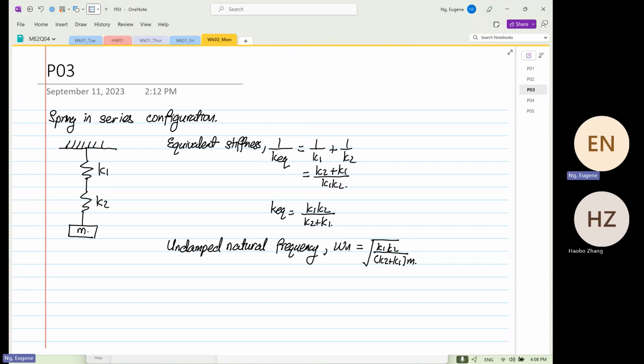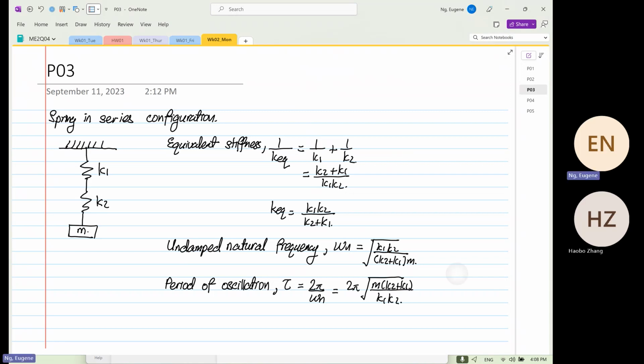Likewise, the period of oscillation tau is equal to 2 pi over omega n, so we have 2 pi times the square root of m times K2 plus K1 over K1 K2.